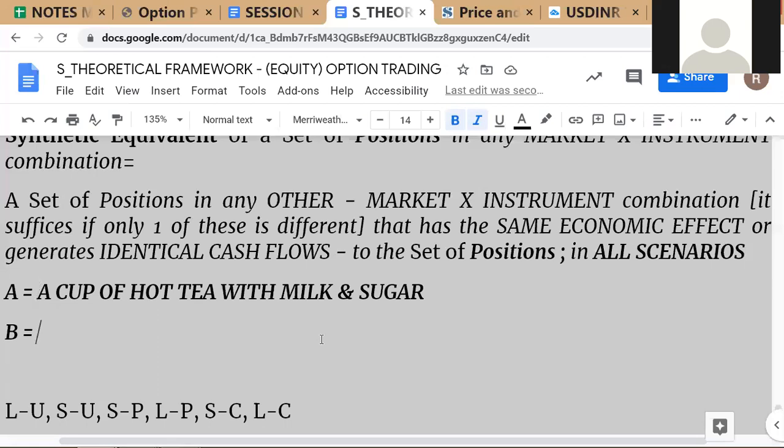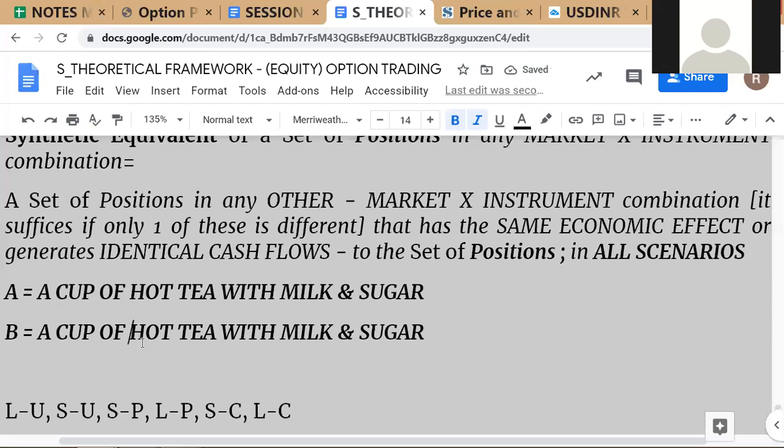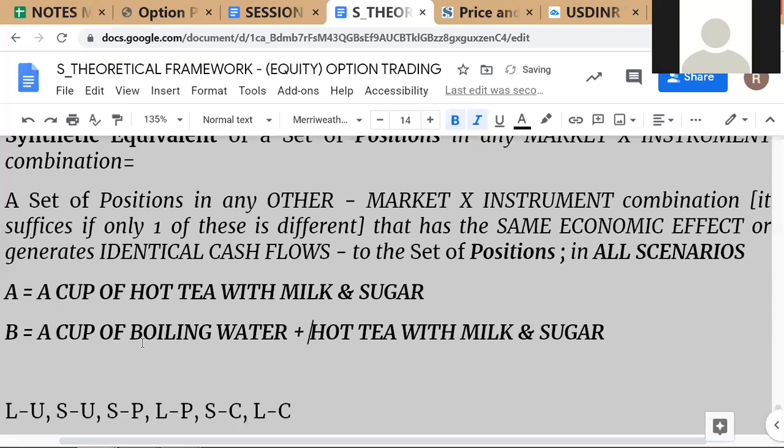So you have a cup of hot tea with milk and sugar ready for you to drink, and here you have, let's say, a cup of boiling water, plus one tea bag, plus milk, and then a sugar sachet or whatever.